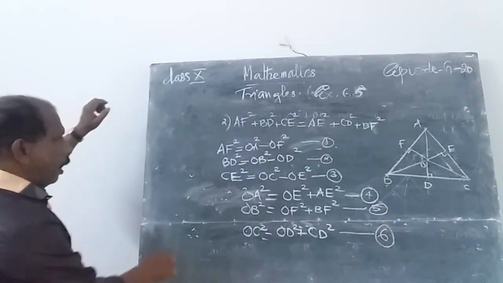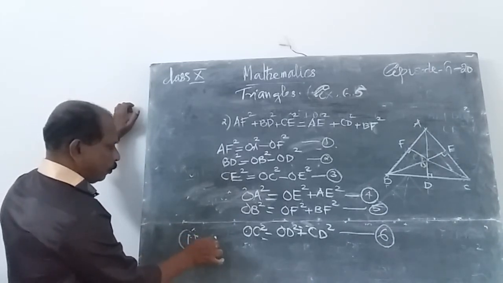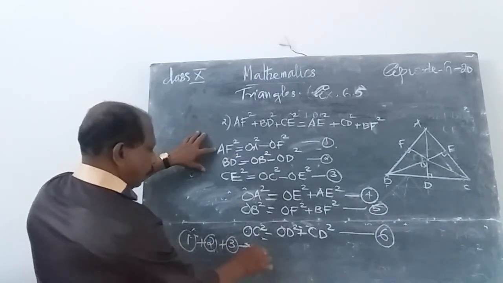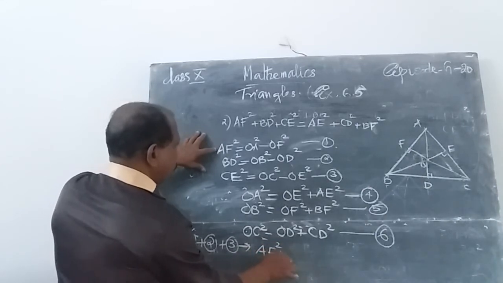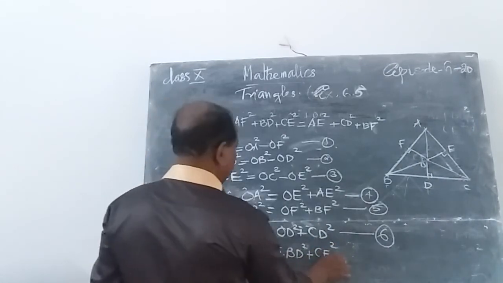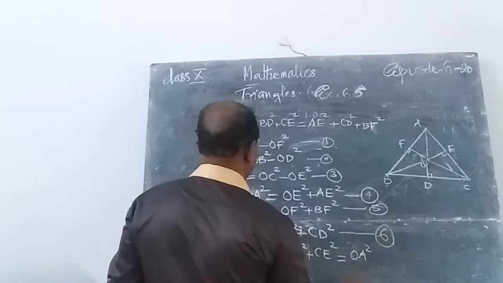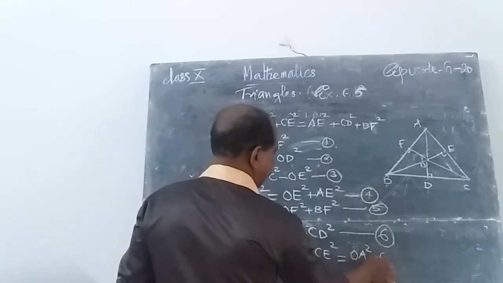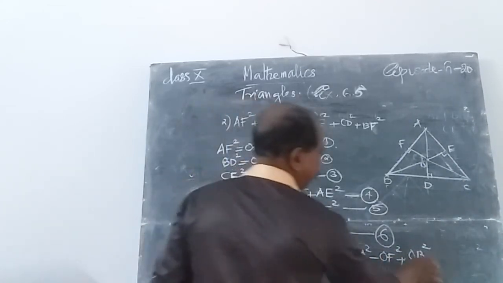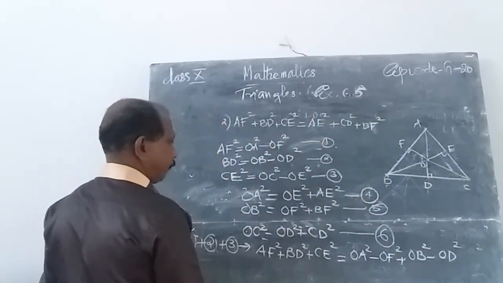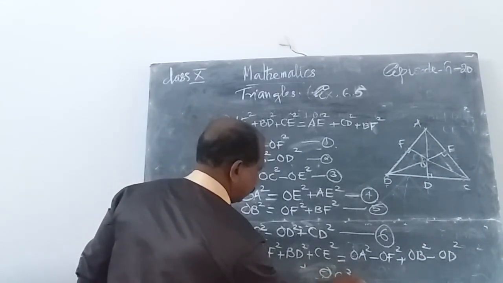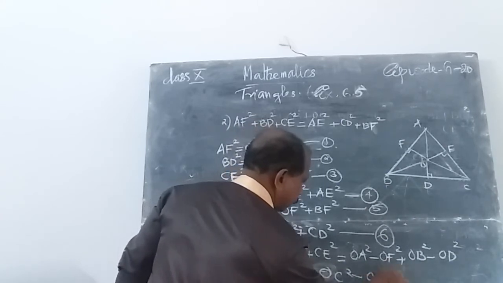Then 1 plus 2 plus 3 gives AF square plus BD square plus CE square is equal to OA square minus OF square plus OB square minus OD square plus OC square minus OE square.